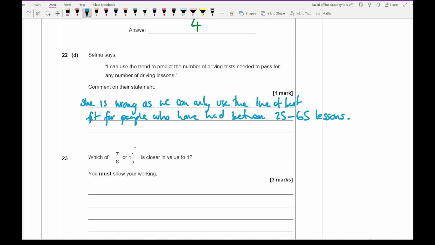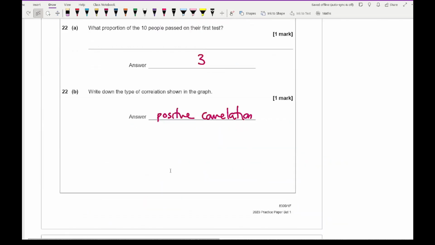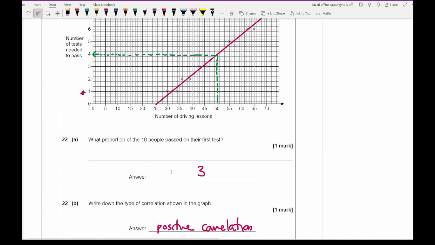Now you could also say something along the lines of, there's loads of things you can comment on this, that basically if you've had 25 lessons then you'd need 0 tests to pass, which doesn't quite make sense, because obviously that's not going to be the case.